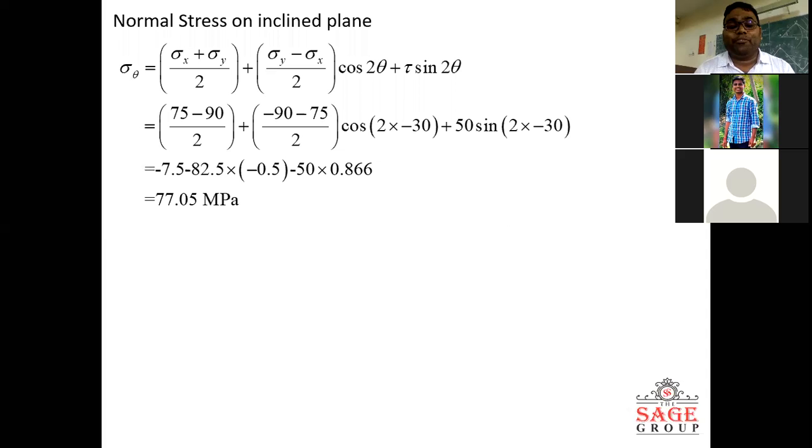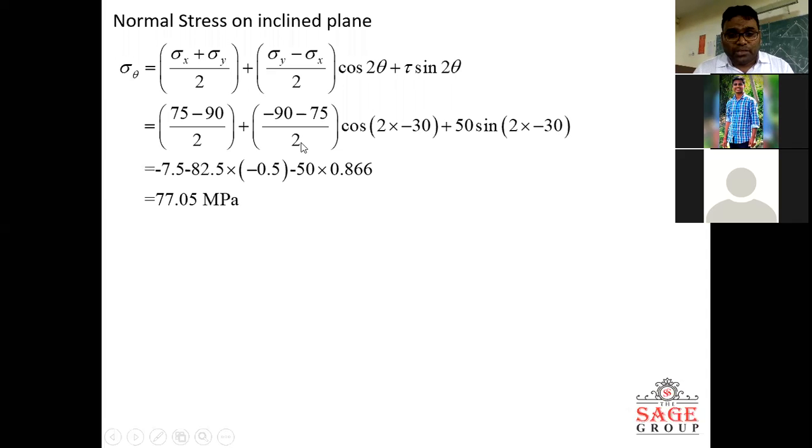Just put the values with their signs here. You can see 75, minus 90, and cos 2 theta. Regarding 2 theta, I have already told you that you can write either 90 minus theta, or the 60, and you will get the same value.